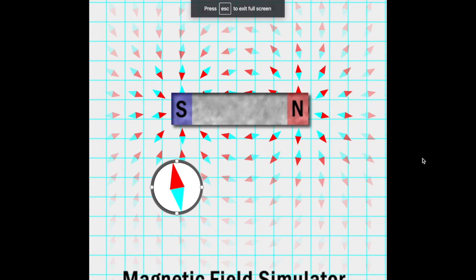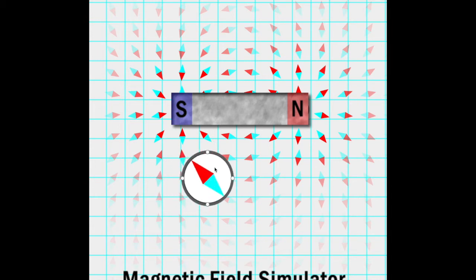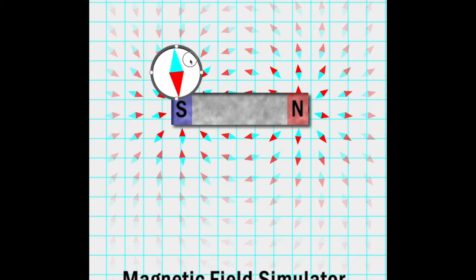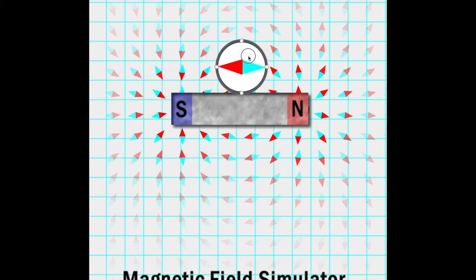Alrighty, folks. Now that you have seen what it is we are doing, go ahead and open up the web page that is shown on Nearpod, and you will see a demonstration that looks like this. I have gone ahead and blown this up to full screen. So right here, you have a compass, and right here, you have a bar magnet. So what you're going to do, like we showed, is you place the compass on the bar, or near the bar magnet, and what you see is that the compass, and a compass, as we said, is a small magnet, points in a certain direction.